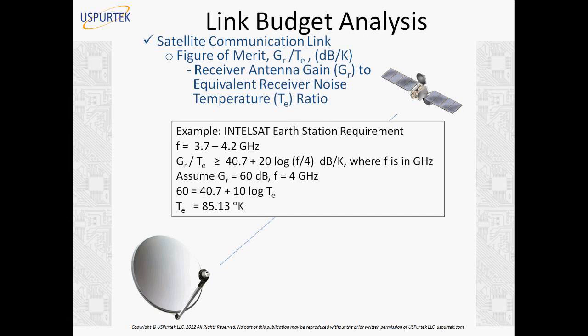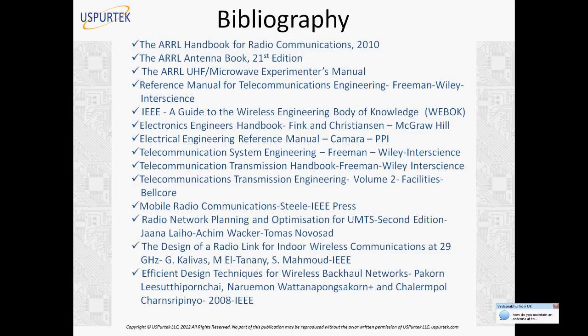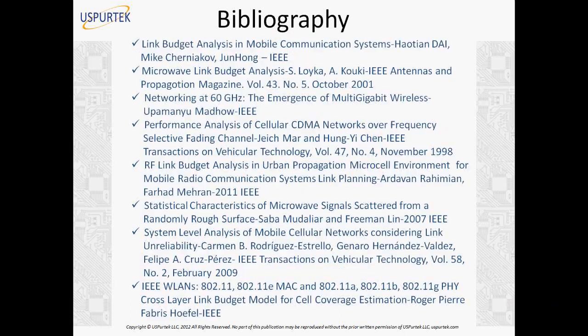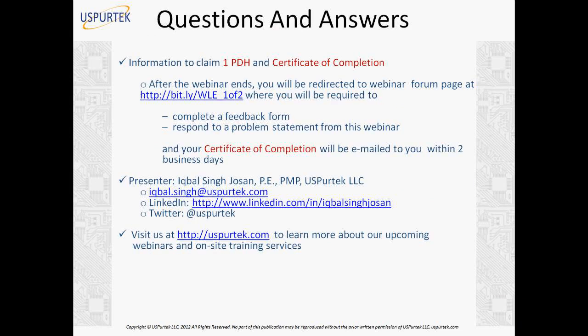Okay, I think we are at the end of the webinar now. So this is a reference of certain research papers and books that can be used to dig deeper into any of these topics. So this finishes our part 1 of 2 of link engineering. The second part will happen 2 weeks from now.